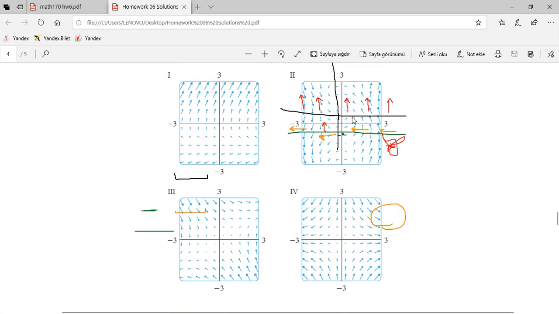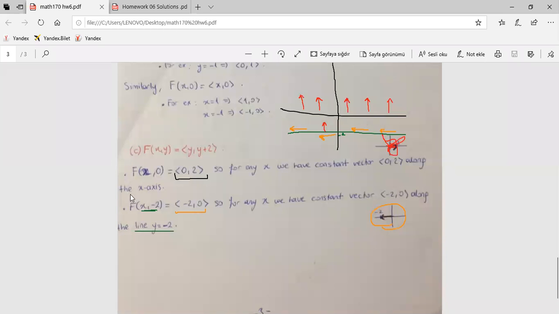And along the x-axis, we have the vector (0, 2), right? They are all the same vectors always. The length of the vectors is the same along this line. So the answer for the third part of this question, 4C, is the first plot. So that's it. I hope you understand.